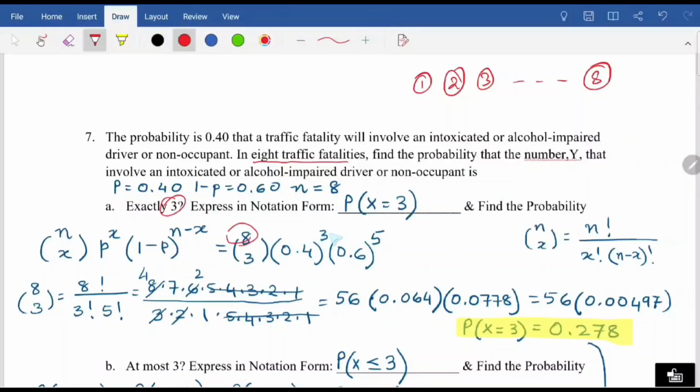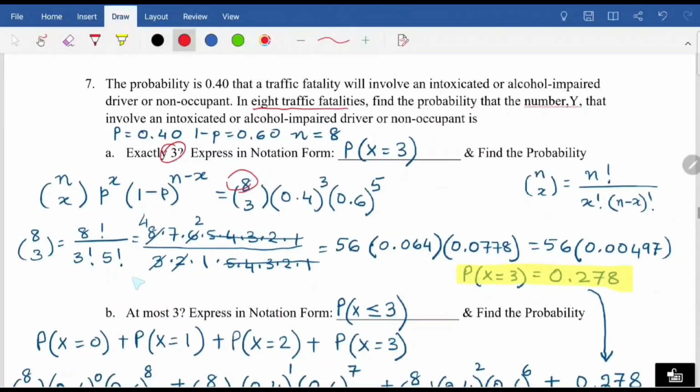So 0.4 cube, 0.6 to the 5th, you have to use your calculators. 8 combination 3 is what we need to calculate. This combination formula itself has a formula of its own, right?